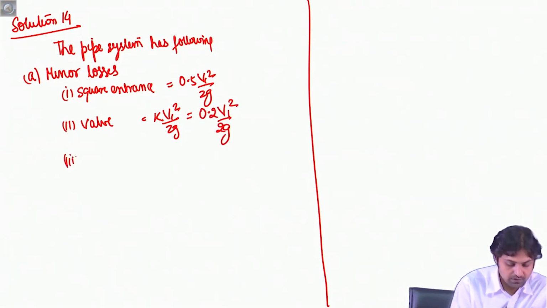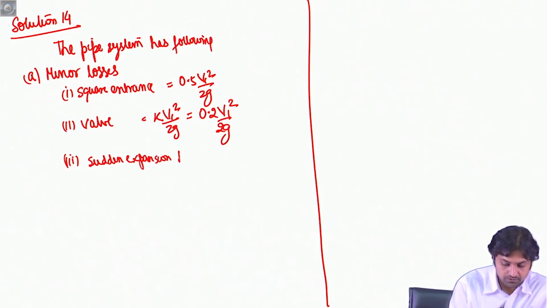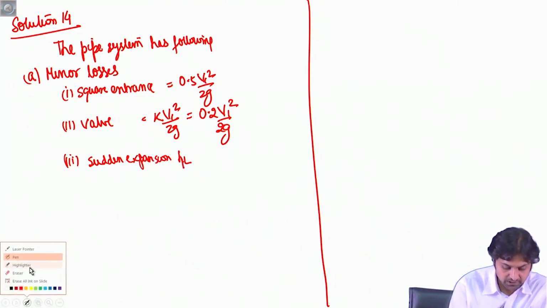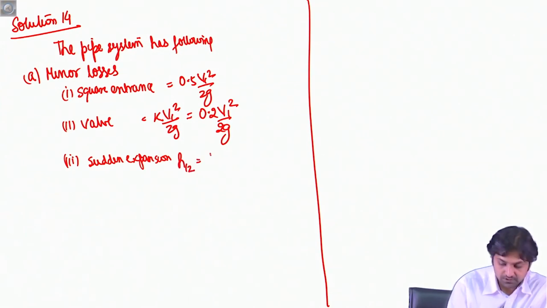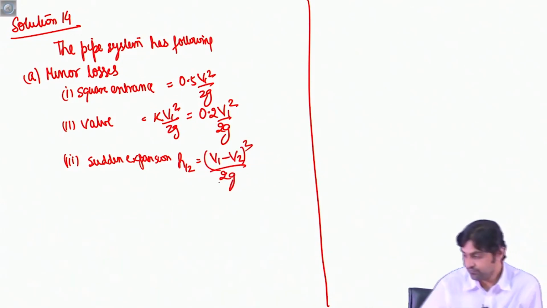And the third one is the sudden expansion. So H between 1 and 2, I call it H12, equals (V1 minus V2) whole square by 2g.